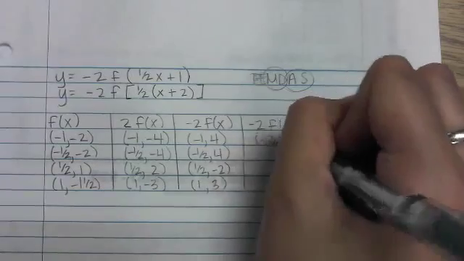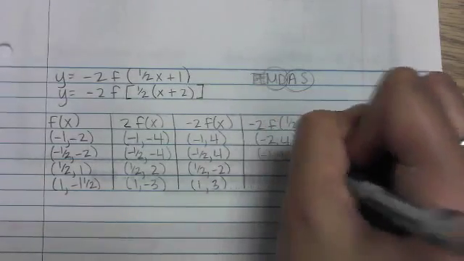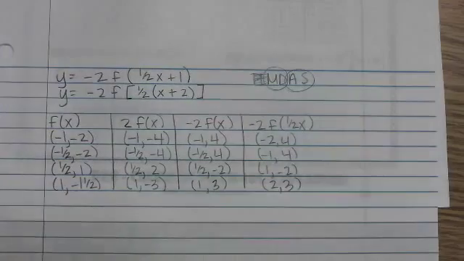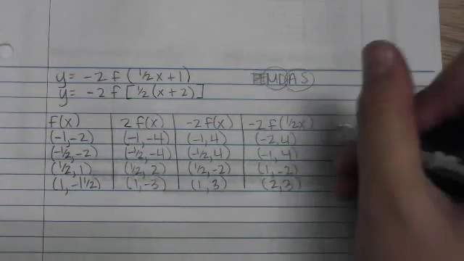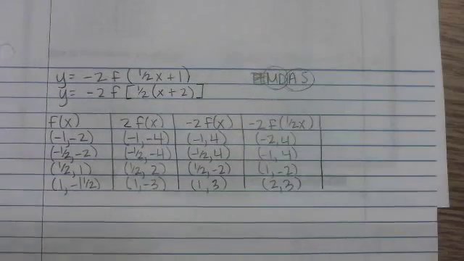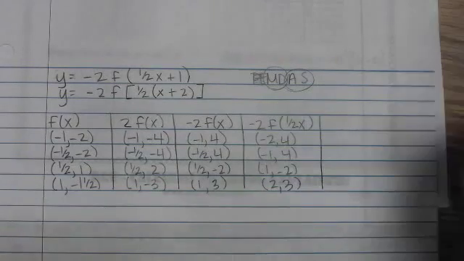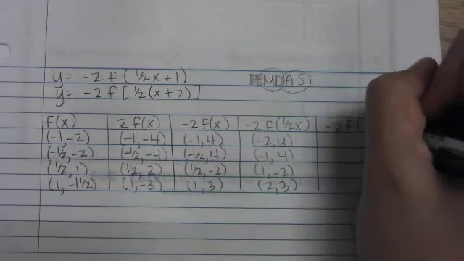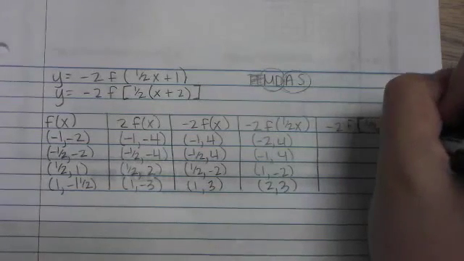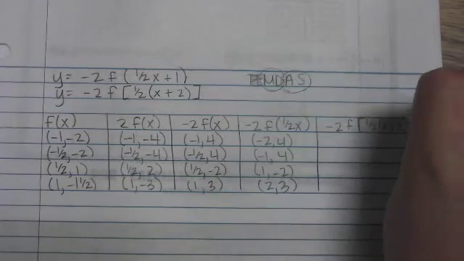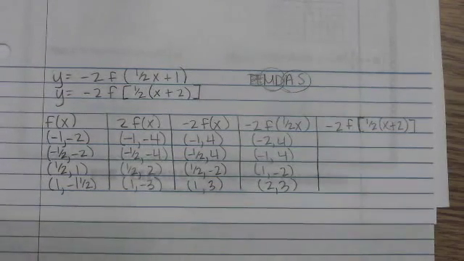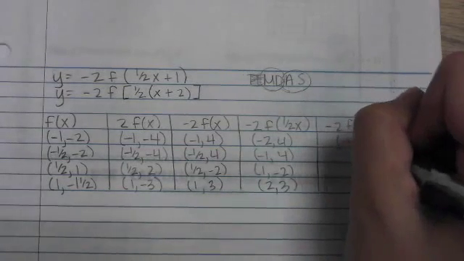So -2, 4; -1, 4; 1, -2; 2, 3. And then last, what we're going to do is shift left 2. That was the very last transformation that we had. So if we're going left 2, we're going to be taking the x coordinate and subtracting 2 from it.